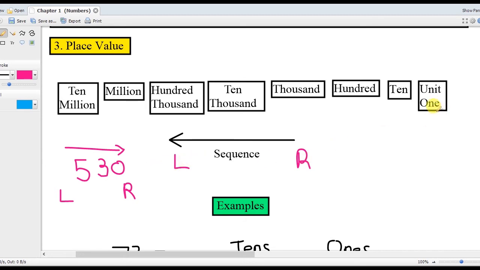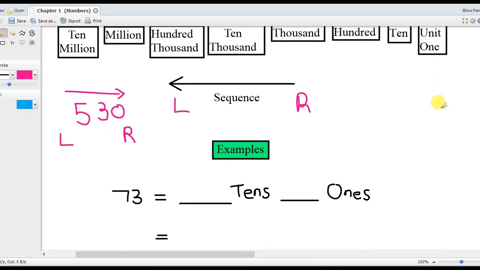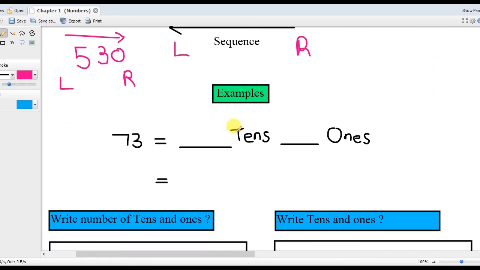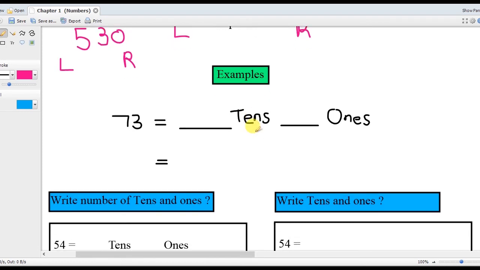The place value on the extreme right side is unit, or 1. After that it is 10, then 100, then 1000, then 10,000, then 100,000, then million, then 10 million, 100 million, and then billions, and so on. It is the same pattern that we have already studied and learned. We'll do certain examples to make this concept clear. Here we have certain examples. This is our first example. The number is 73.